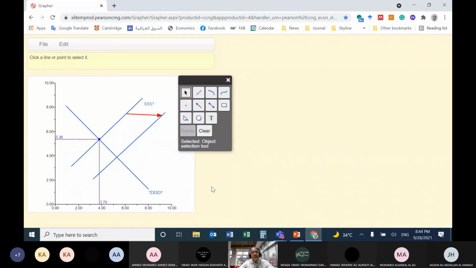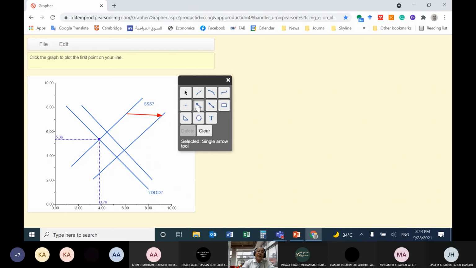Now, I said there is a slight increase or improvement in our income, and the product is normal. If there is an increase in income and the product is normal, the demand curve will shift to the right.